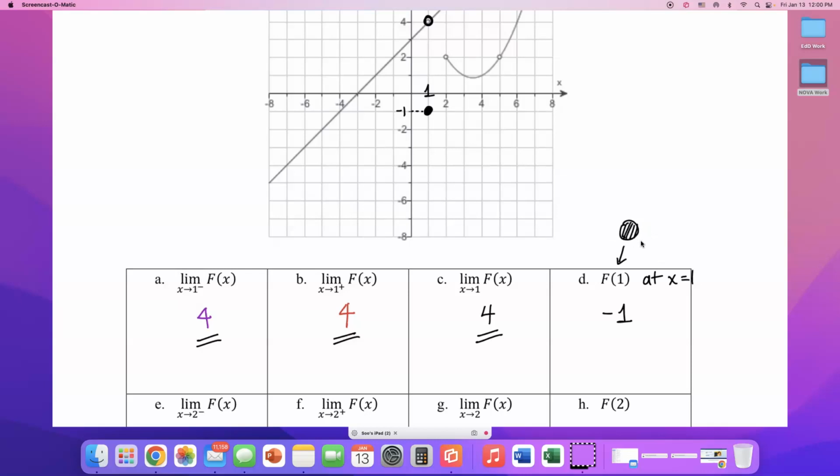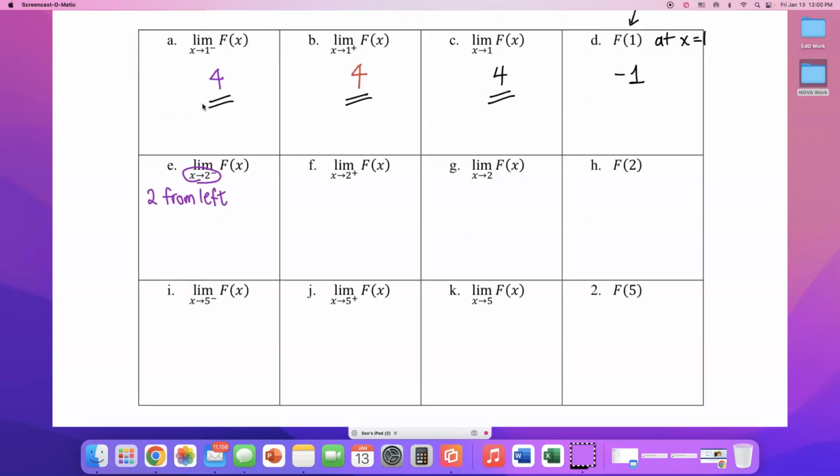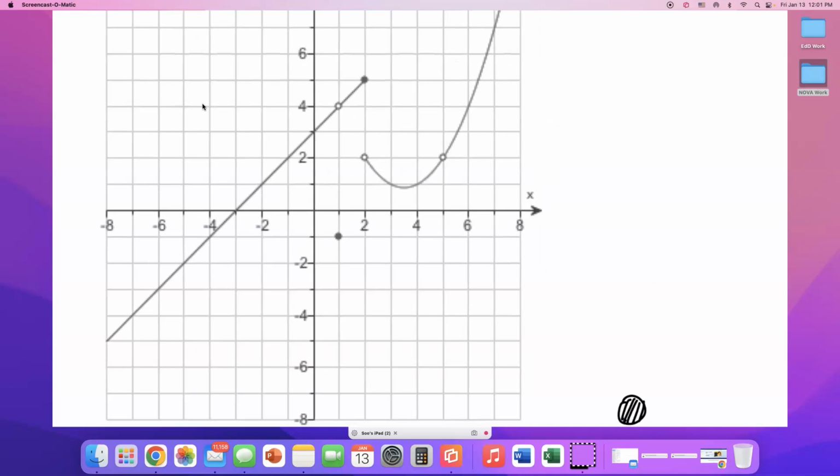All right, next set. You're looking for the limit as x approaches 2 from the left. This is approaching 2 from the left. Let's see. So they want 2. So here is 2.